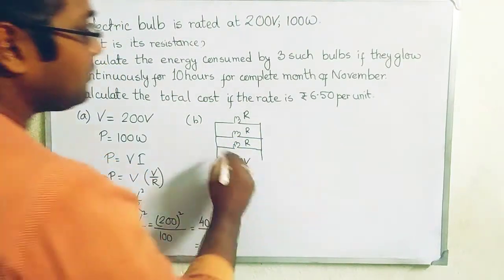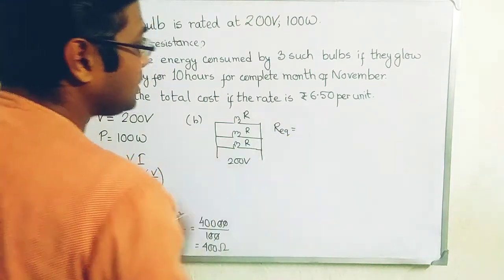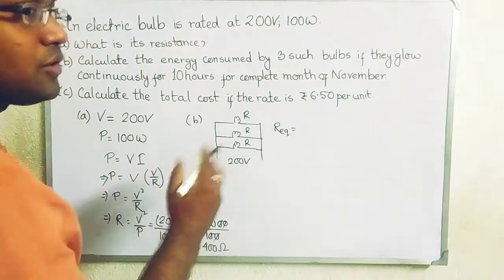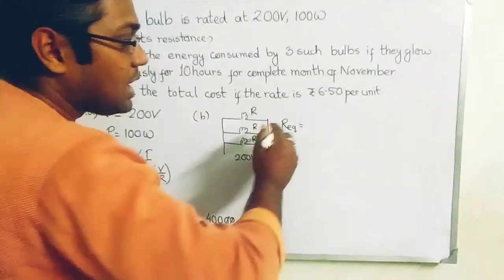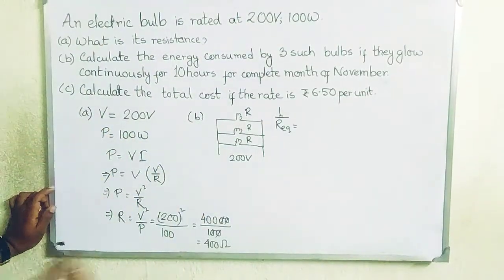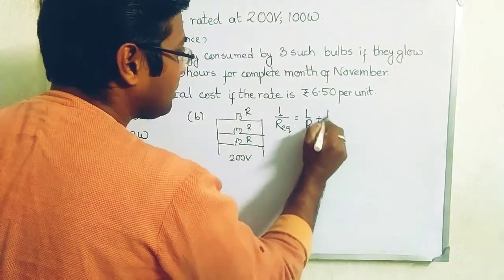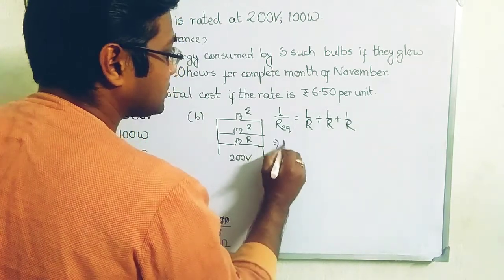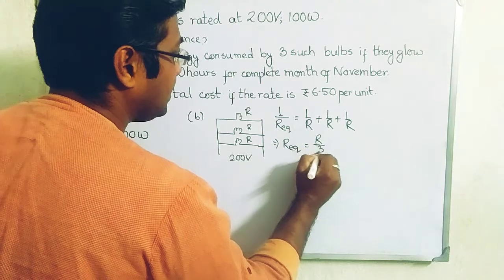Okay, so if I try to find out the equivalent resistance here, the R equivalent, then we have to go for the formula for parallel combination, and you know that the reciprocal, that is 1 by R equivalent is equal to 1 by R plus 1 by R plus 1 by R. So R equivalent is basically R divided by 3.